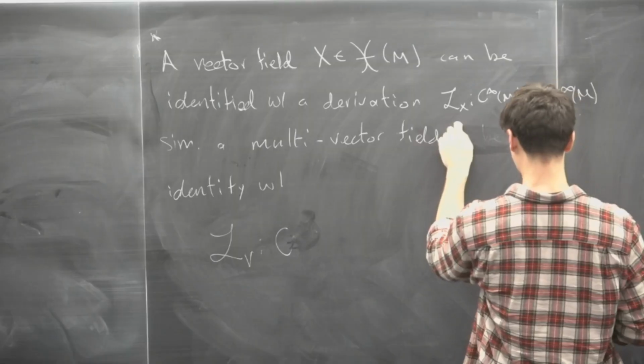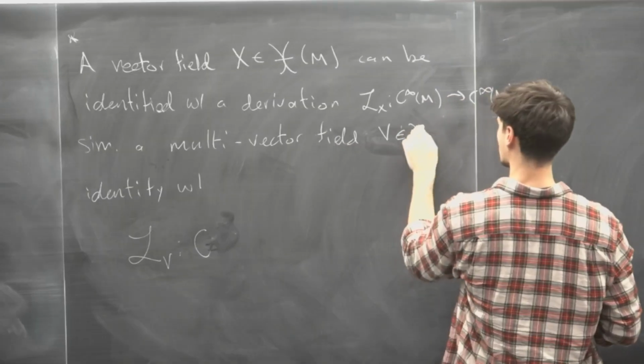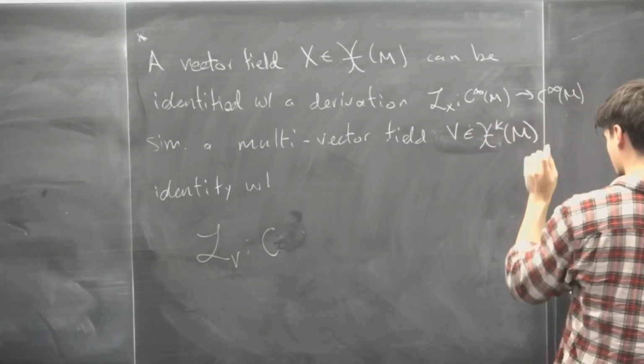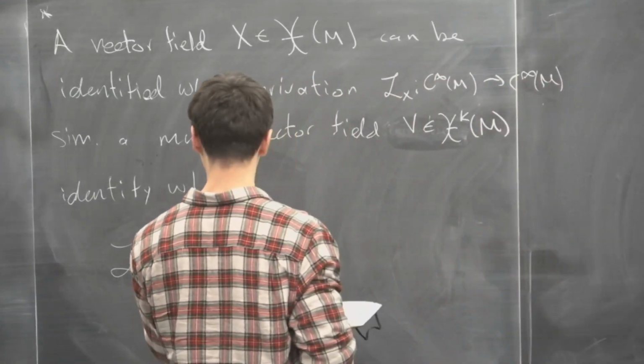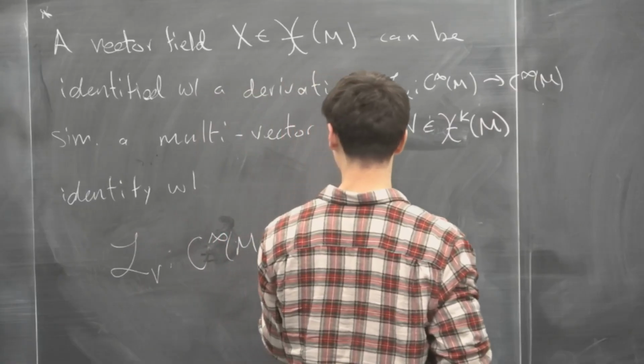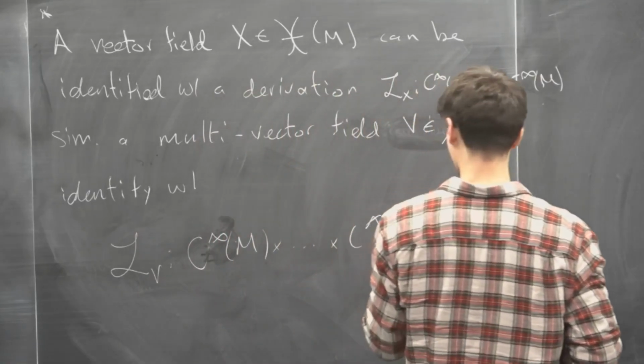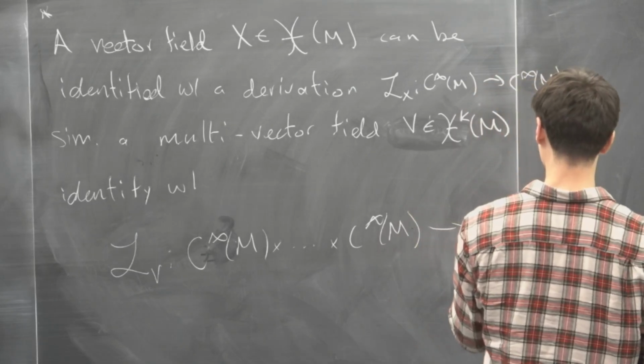Multi-vector field, we'll call it V. We'll denote it like this. It is identified with, so it takes in k functions. It's a smooth function, of course.